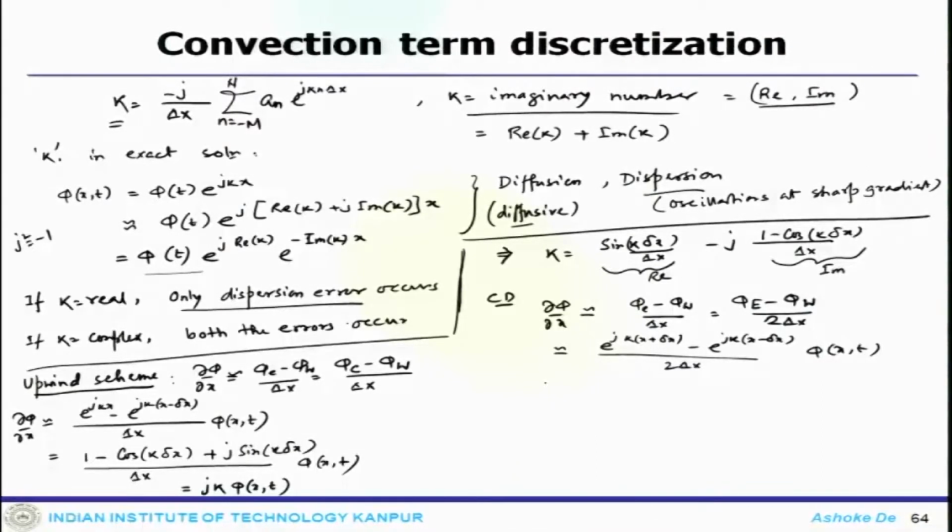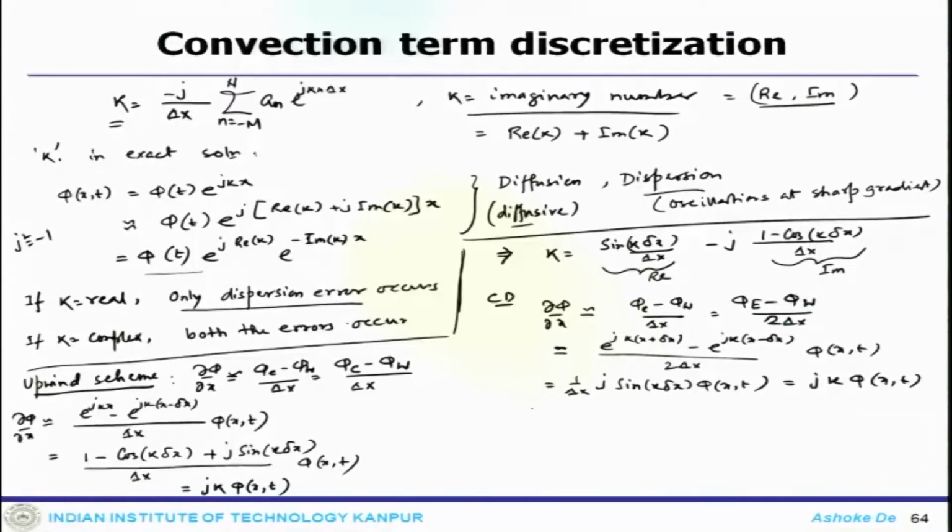So, essentially this will become 1 by delta x times j sin(k delta x) phi(x,t), which equals jk phi(x,t).